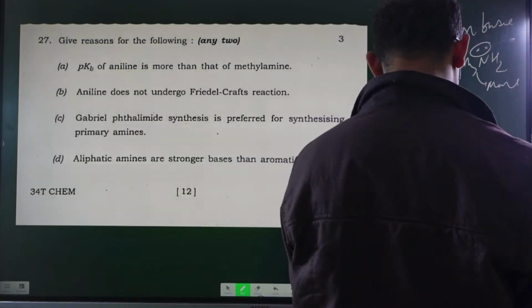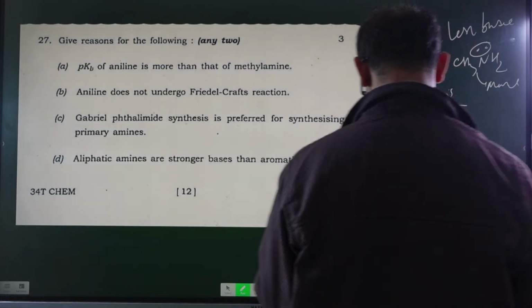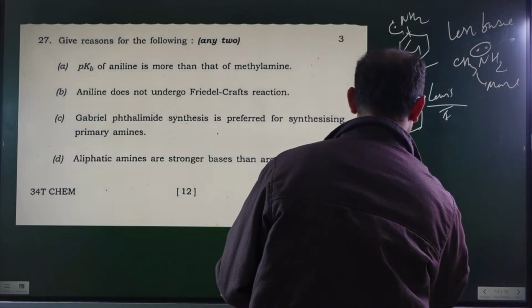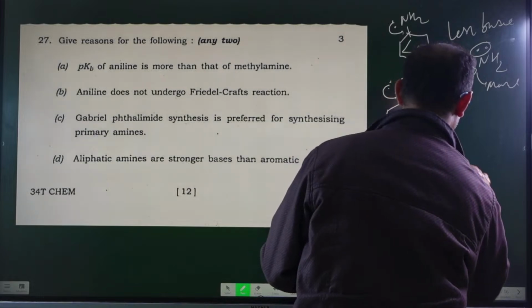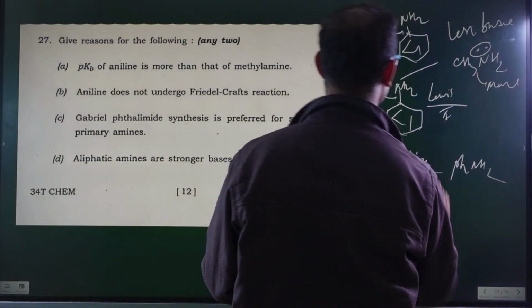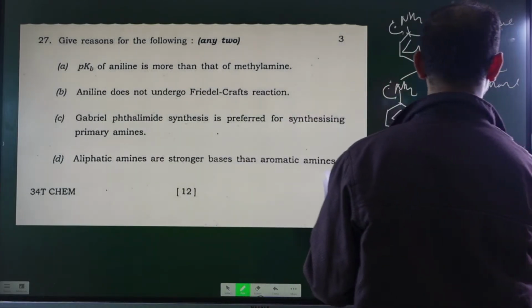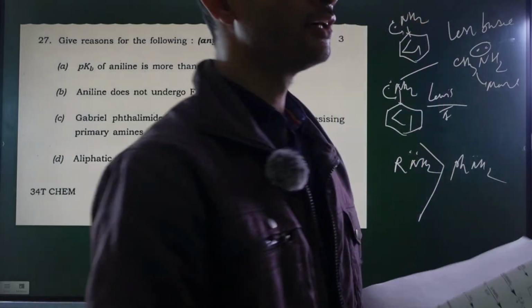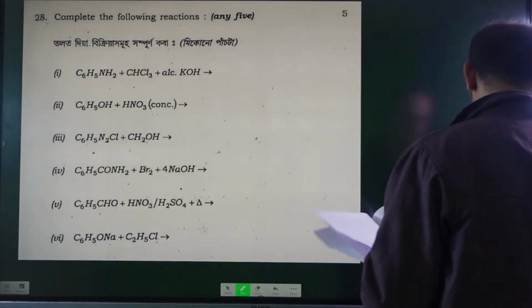If I write any aliphatic amine, let's say RNH2, and your aromatic amine, this is aniline, what do I write? In this, the nitrogen lone pair is easily available for donation, therefore it is a strong base compared to aniline. In aniline, the lone pair is used for conjugation. This is the basic difference.